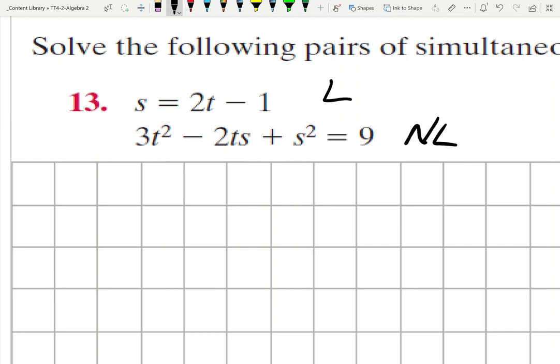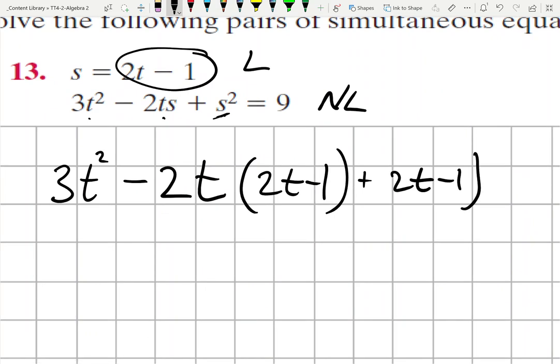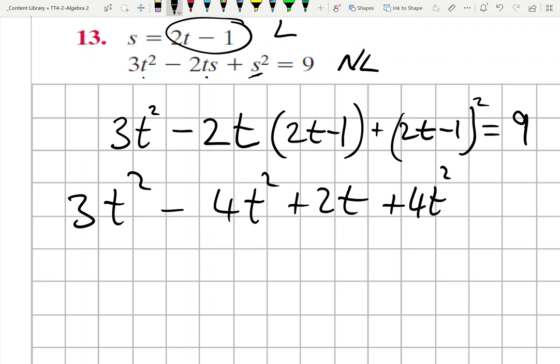Okay, these are all quadratic, and you'd probably prefer S. You leave it as it is, so you'll sub S. Okay, so 3t squared is good. We're subbing S. Okay, grouping.